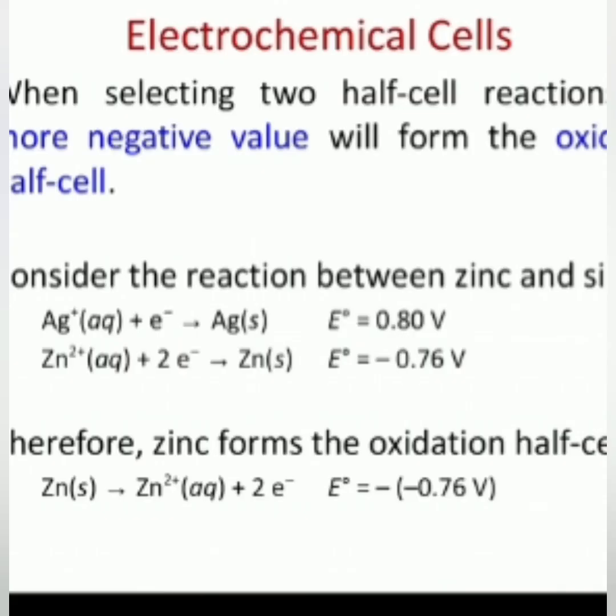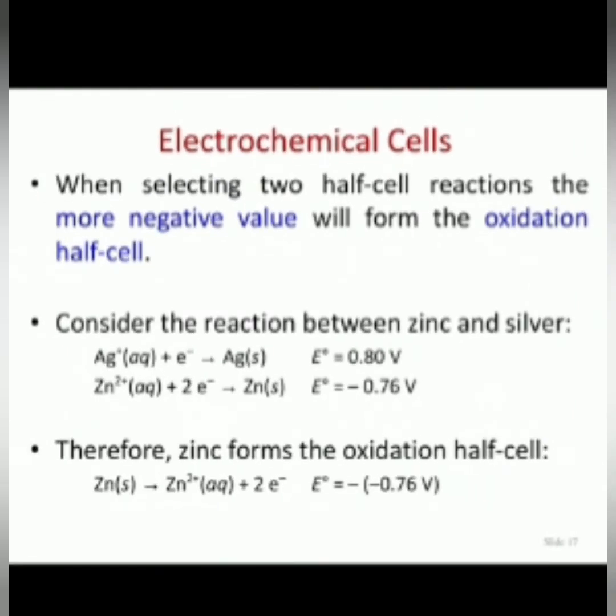Now, electrochemical cells. When selecting two half cell reactions, the more negative value will form the oxidation half cell. Consider the reaction between zinc and silver. As we know, as per the electrochemical series, the Ag+ ion has 0.80 volt standard electrode potential and the Zn2+ ion has minus 0.76 volt. Therefore, zinc forms the oxidation half cell.